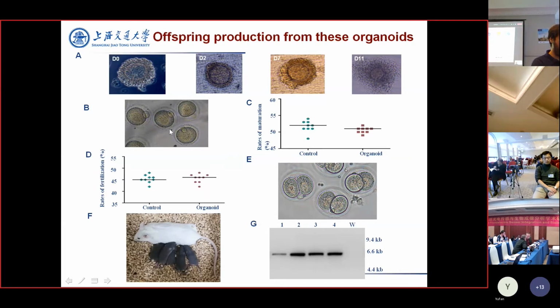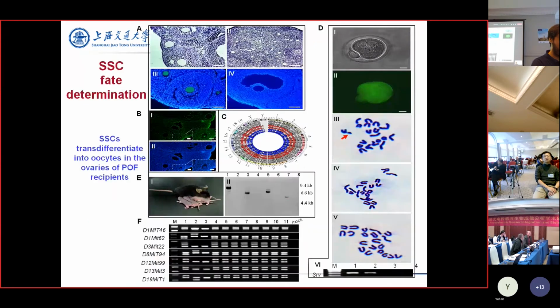So this is a technology platform for our spermatogonial stem cell study. We asked what happens when the SSCs, the spermatogonial stem cells, are transplanted into a sterilized ovary, where you can see no germ cells.